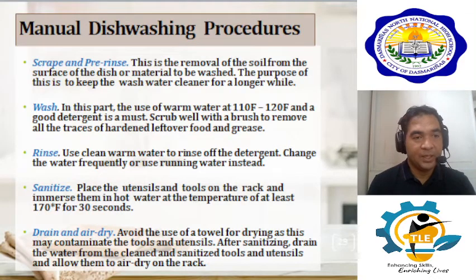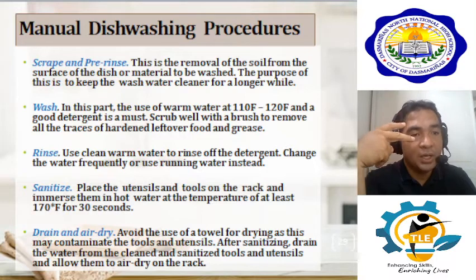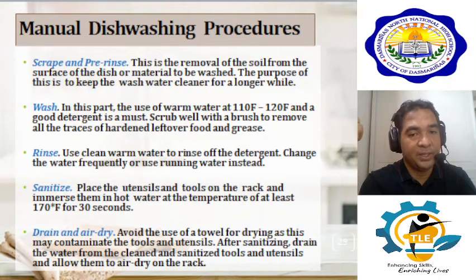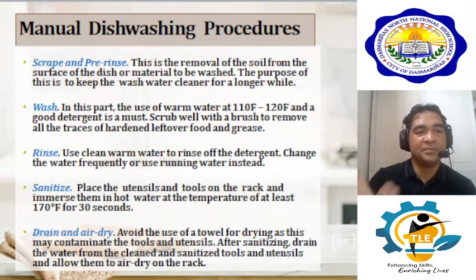Actually, we have two kinds of dishwashing procedures. All right, first one is manual and then the other one is automatic or with machines. All right, let's discuss first the manual dishwashing procedures.